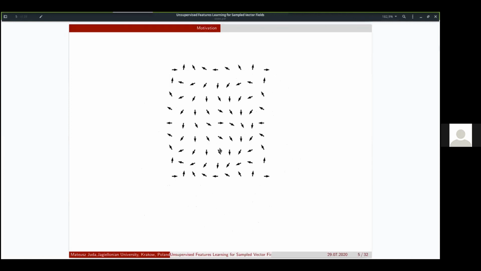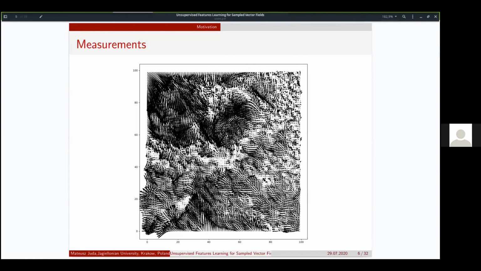The data may be even much smaller, like on this picture, or much bigger and much more complicated, like on this one. This one is very interesting because it is a real measurement. The data is taken from a telescope which observed the surface of the Sun, and what the telescope gives us is a magnetic vector field on the surface of the Sun.